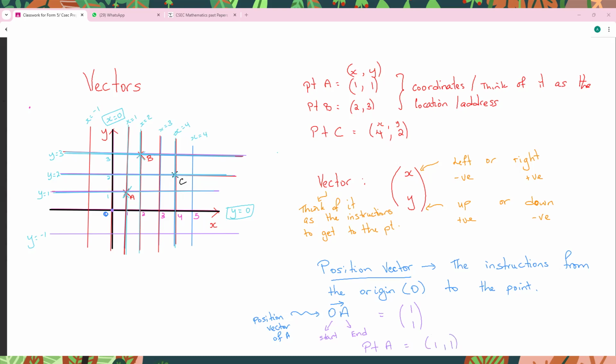But the position vector, which is the instructions from O to A, will be written as this, where it's telling you how you're moving to get to the point. All right, so I'm going to do another one, but this time with B.